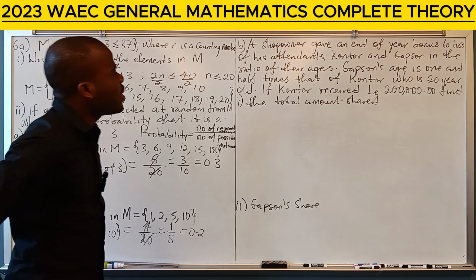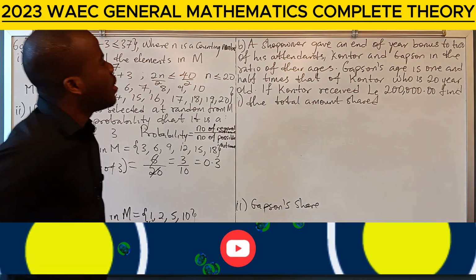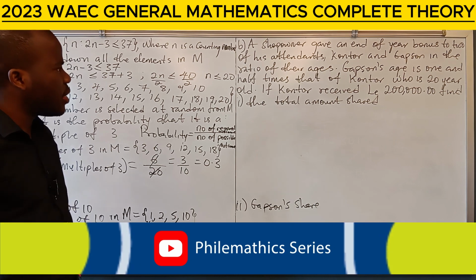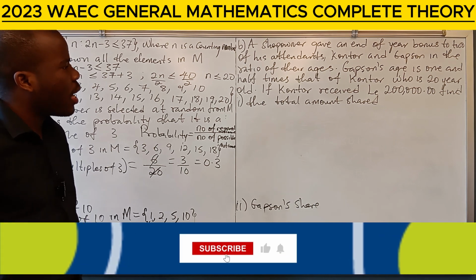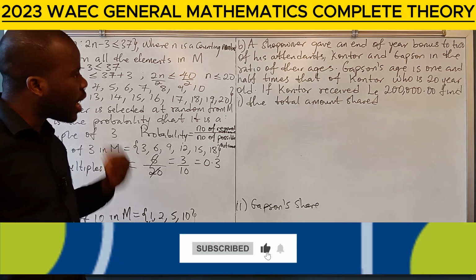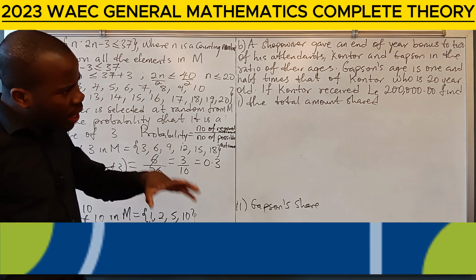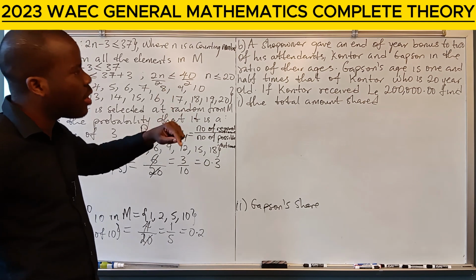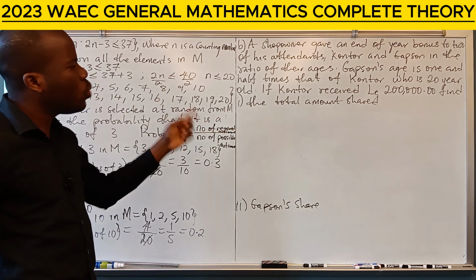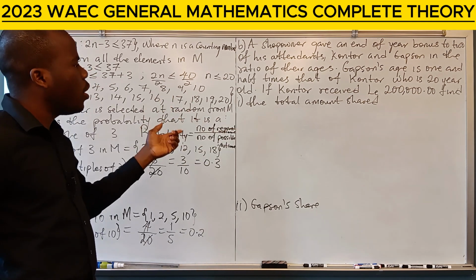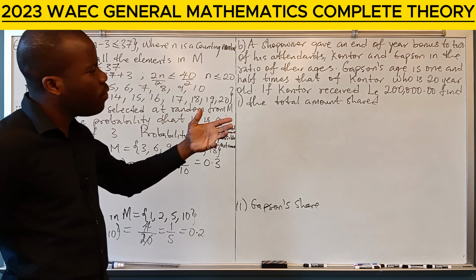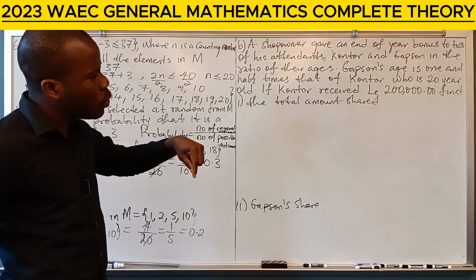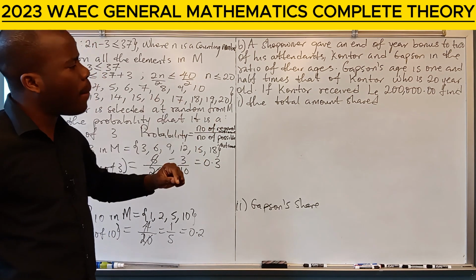Question B says, a shop owner gave an end of year bonus to two of his attendants, Cantor and Gabson, in the ratio of their ages. Gabson's age is 1.5 times that of Cantor, who is 20 years old. If Cantor received 200,000 Egyptian pounds, find the total amount shared.